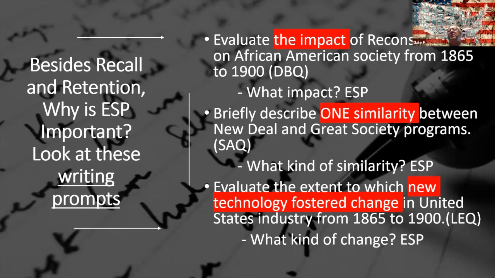So that's one way that ESP can be used. Another way is thinking about it in terms of how to respond to writing prompts that appear on the national exam.